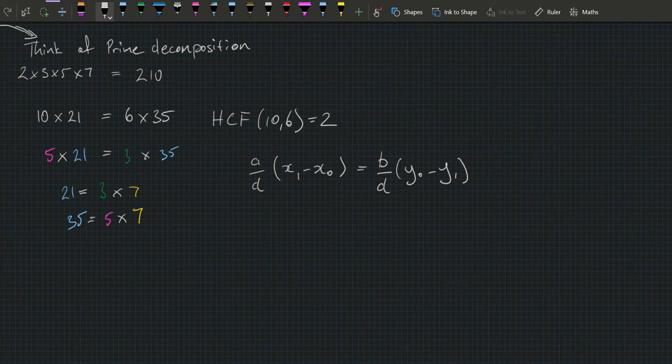So what that means is that the 21 has to be a multiple of the 3, and the 35 has to be a multiple of the 5.